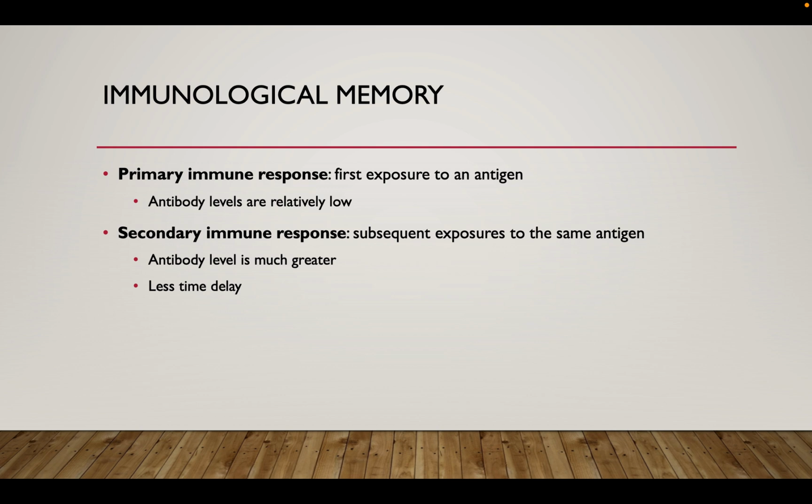So you get a greater antibody level and less of a time delay between the reaction and the immune response, because you've already encountered it once before, so you're essentially primed to recognize it upon a secondary exposure.